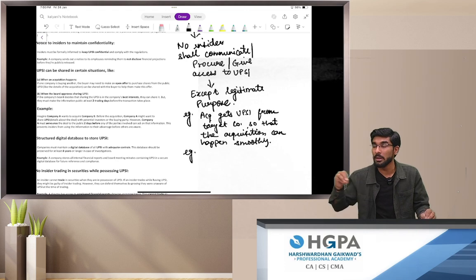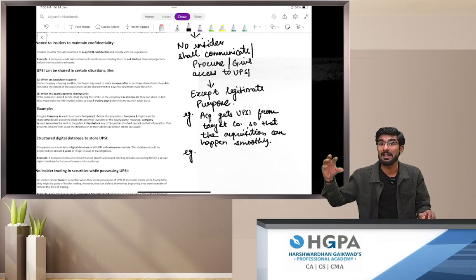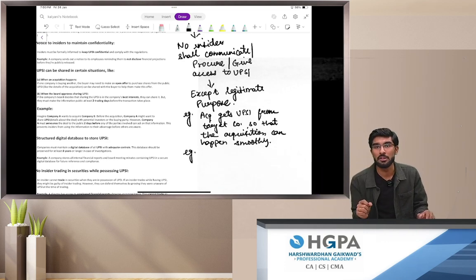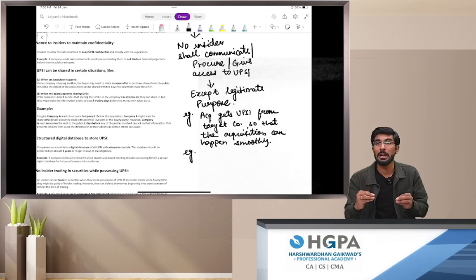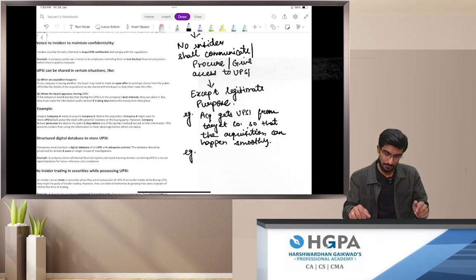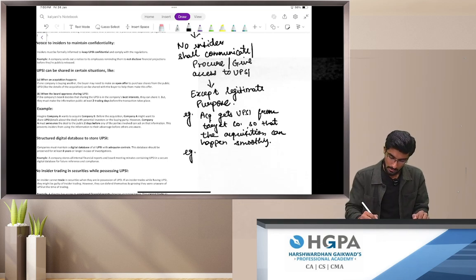It is only in bona fide intention, not for mala fide intention to gain illegal profits. The intention was that due diligence should happen so that my IPO can be graded and my investors will gain confidence in my IPO. Cool.